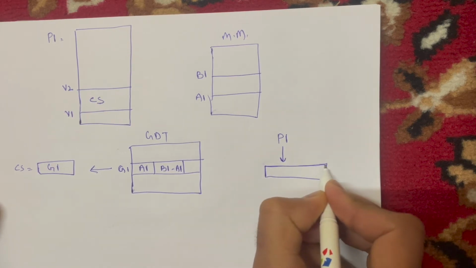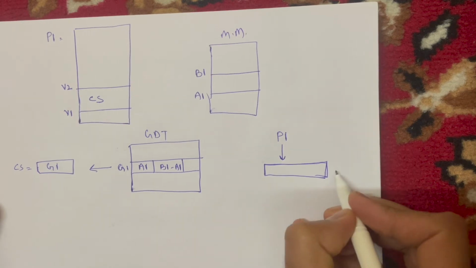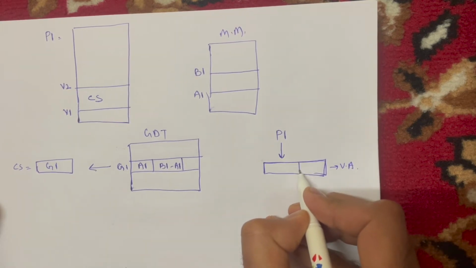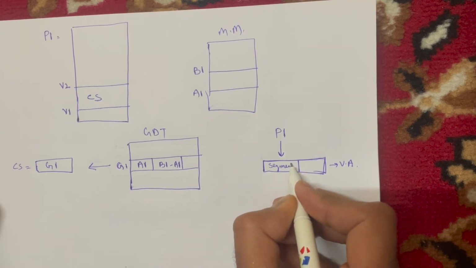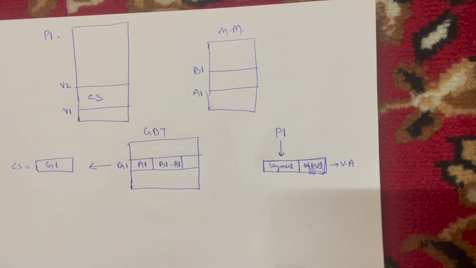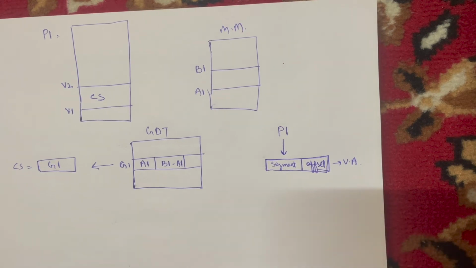Now let's say process P1 generates an address. Now comes the working of the memory management unit. It will convert this virtual address into a physical address. So it will split it into two parts: one part will be the segment ID and the second part will be the offset. The segment ID tells us which segment this particular address belongs to.